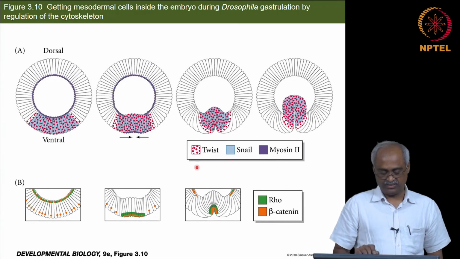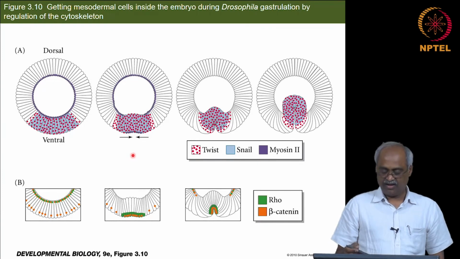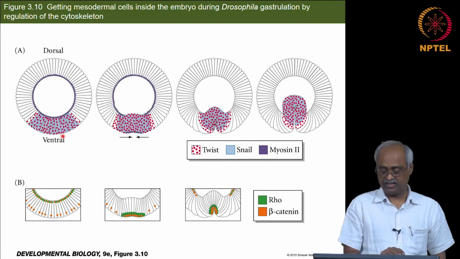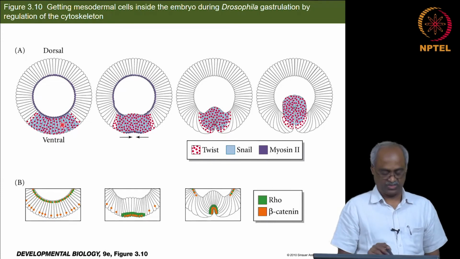And with this twist snail expression, they now act in the ventral cells only, where these two transcription factors are expressed.